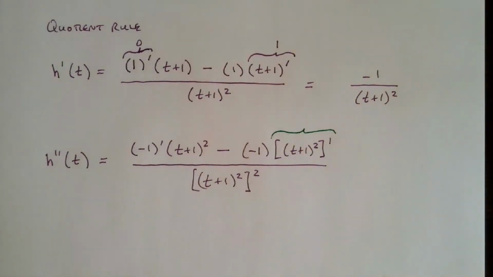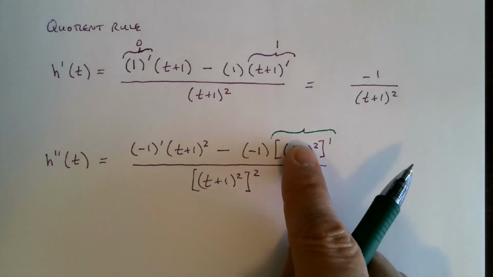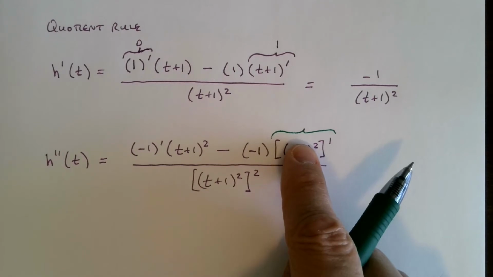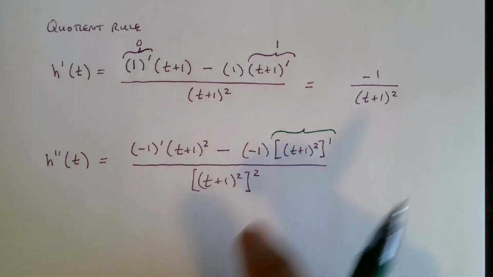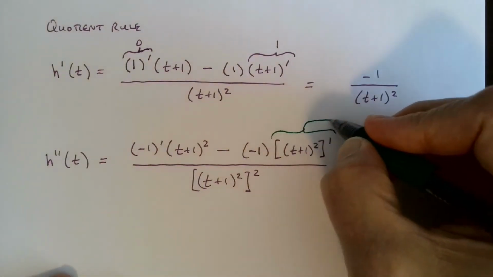But someone might say, well, isn't that just power rule? Bring the 2 down and subtract 1 and we're done. Well, that would be the case if it was just t in here, but it's t plus 1. Turns out that bringing the 2 down in front, subtracting 1, does indeed give you the correct derivative, but in general that's not the case, and we'll talk about that with the chain rule.